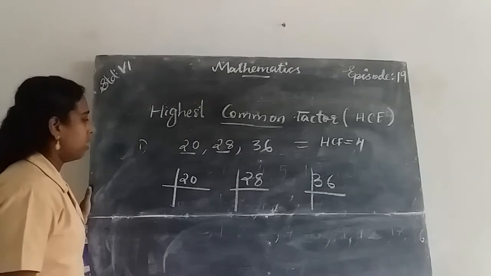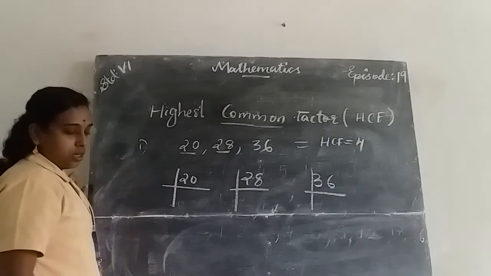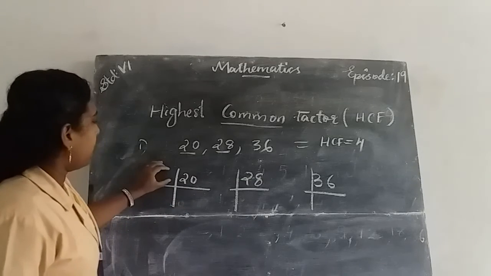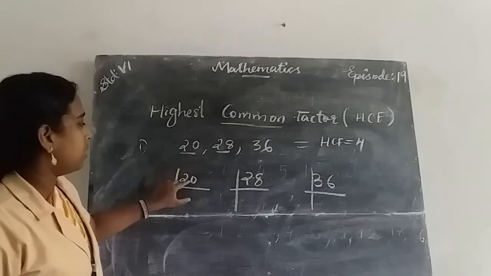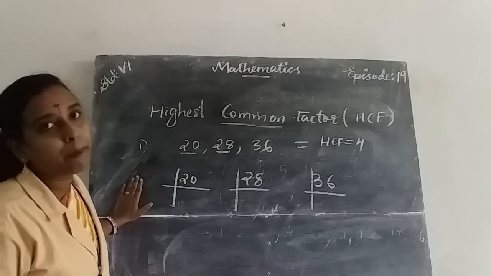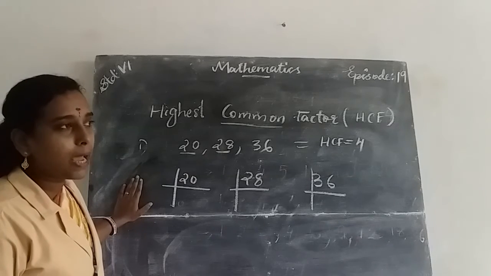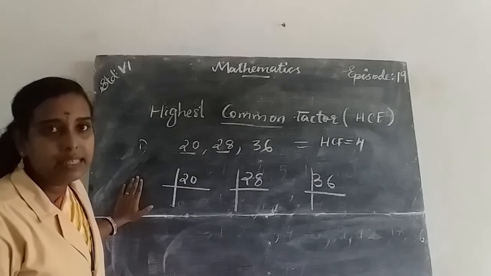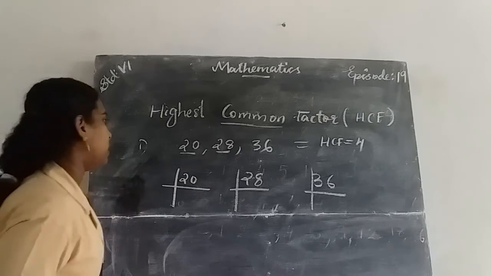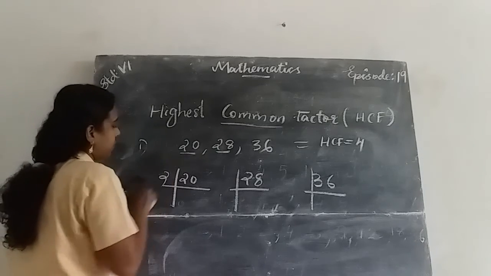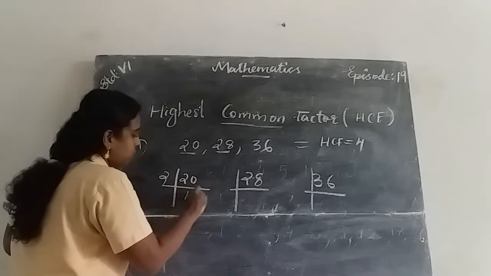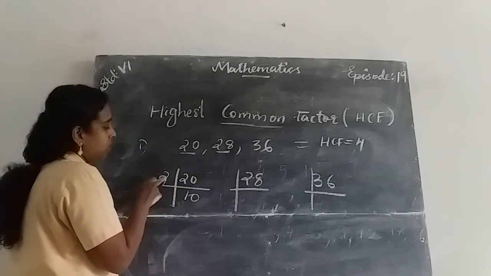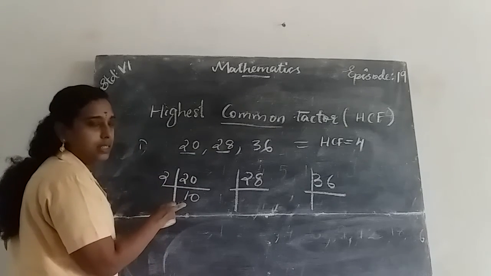36. Okay. So first the number is 20, and we divide 20 by the least prime number, and the least prime number is 2, and 20 is divisible by 2. So we take factor 2, then 10 2s are 20, or 20 by 2 we get 10.